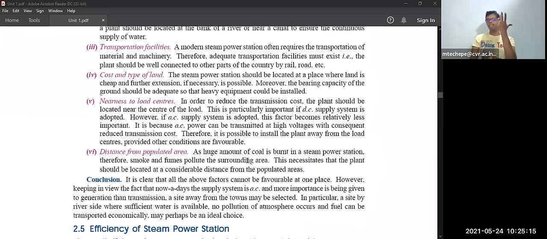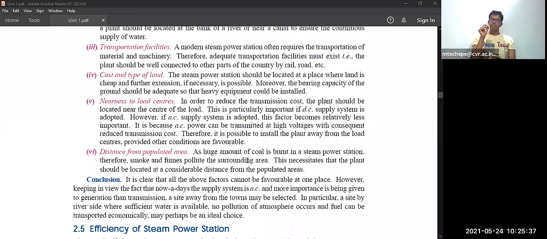So that chimney always has fire. And within the limits only they are permitted to let it out to the atmosphere, so the whole nearby area will always get polluted.